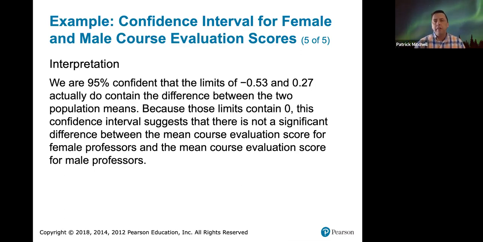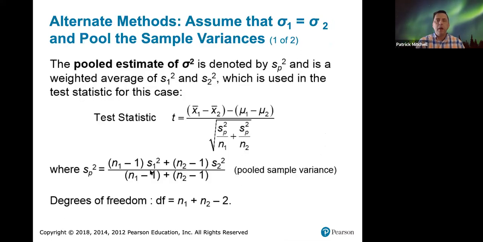Okay. So if you were using this approach to do your hypothesis test, this would not be strong evidence against the claim that the two population means are equal. All right, really briefly, and you're going to see a little bit of this in lab number 12, if you're taking Math 1600.